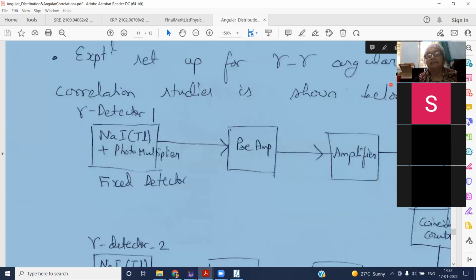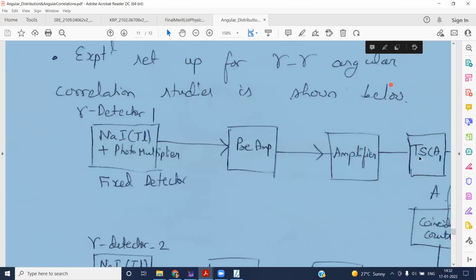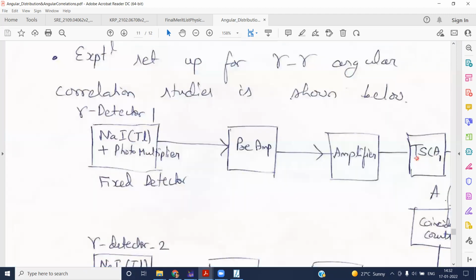And then I have a single channel analyzer, but I call this a timing single channel analyzer. That is, at what time the first gamma ray comes. We used to have timing SCA earlier. That means I can also see if the other gamma ray comes a little bit delayed, will I be able to detect the 2 gamma rays in coincidence?